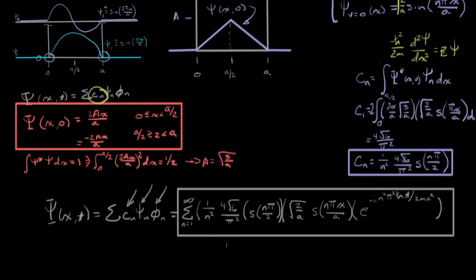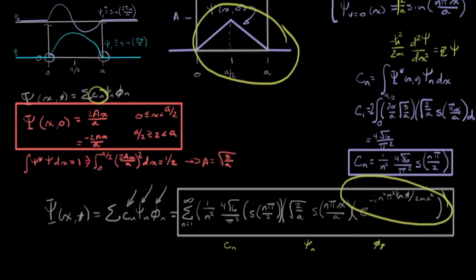And while this is quite a handful, we simply need to remember that we're looking at the sum of Cn times the x dependence of the wave equation and the t dependence of the wave equation. In this way, we've been able to use our initial condition, basically a snapshot at t equals 0, to identify how the wave function behaves for all time.